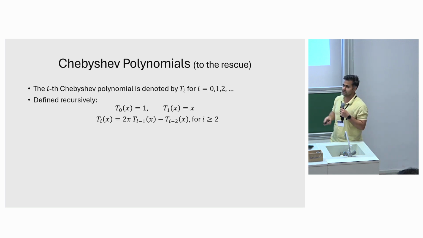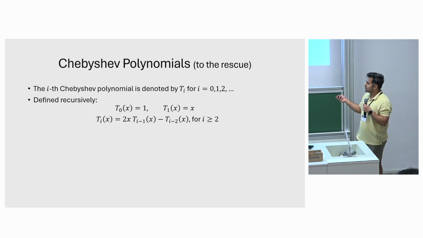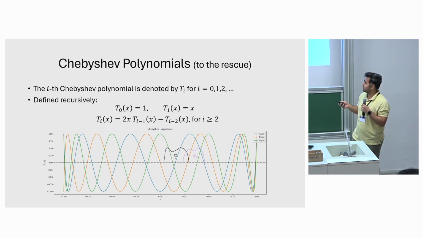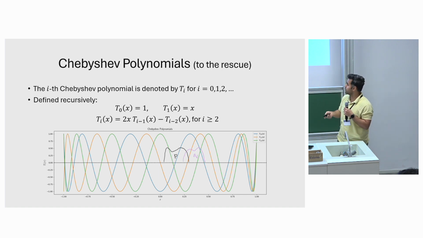T0 of x is 1, T1 of x is x, and Ti of x is 2x times Ti minus 1, minus Ti minus 2. It looks like this. I've plotted T10, T11, and T12 for you. Now for the P and Q as in the previous picture, you can see that if you integrate T10 with P, it would be much different than the integral of T10 with Q. So we have something.